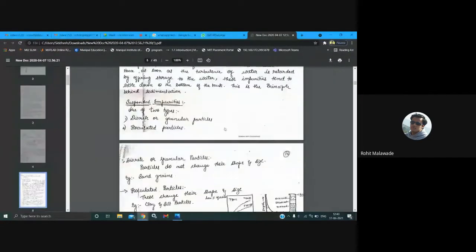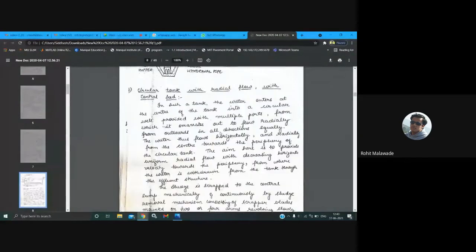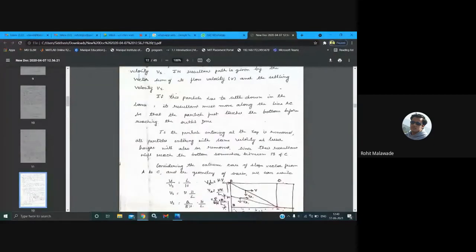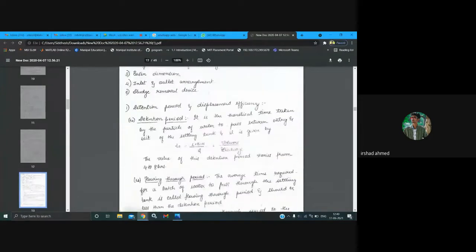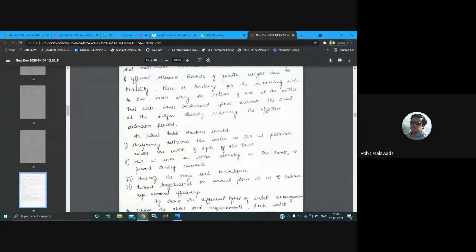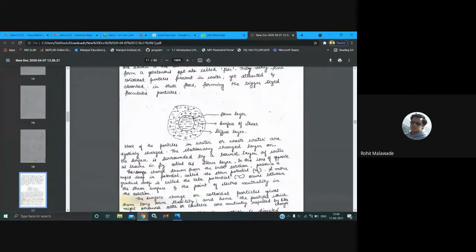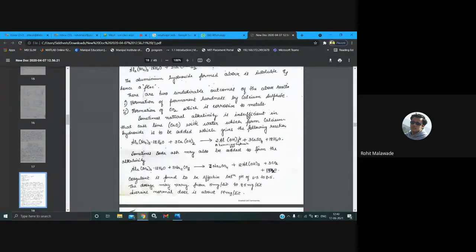Do you have any idea what we mean by filtration? Anybody have any idea what filtration is? Yes, removing impurities. What kind of impurities? See, we have done screening, we have done coagulation sedimentation.